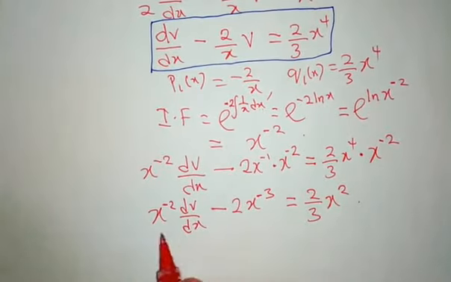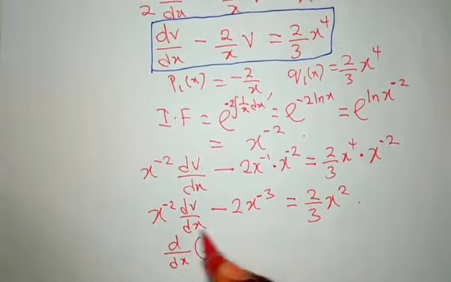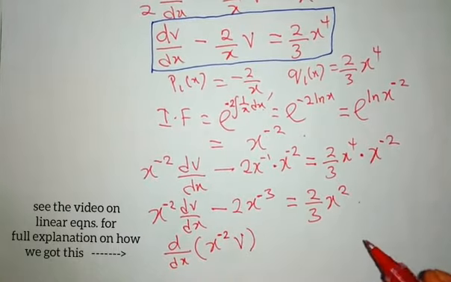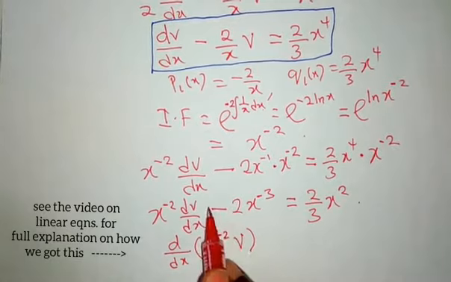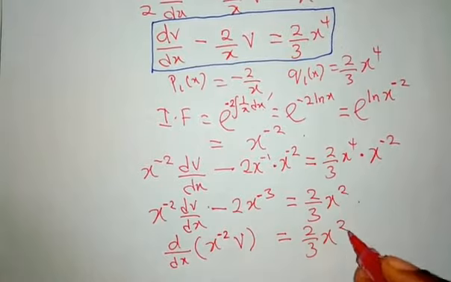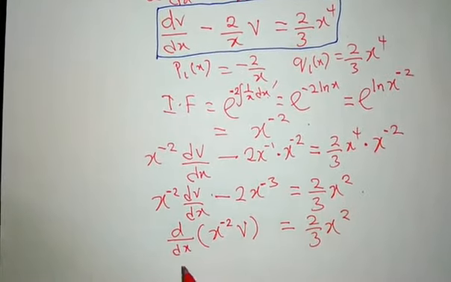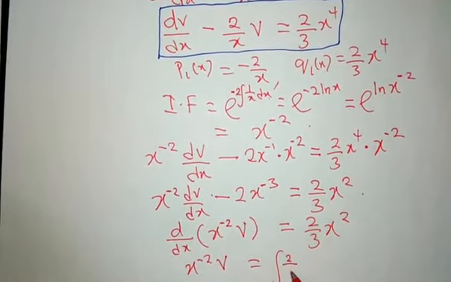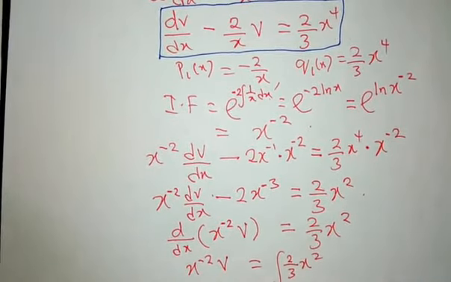And we observe that this is the product rule of d dx of the integrating factor x to the power of minus 2 times v. We can verify that if we differentiate this, we get this, which is equal to 2 over 3 x squared. Now, if we integrate both sides, we have x to the power of minus 2 v equals the integral of 2 over 3 x squared.